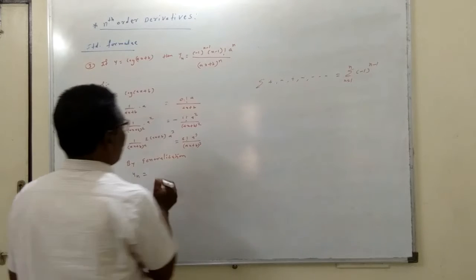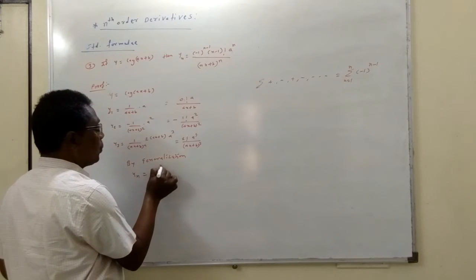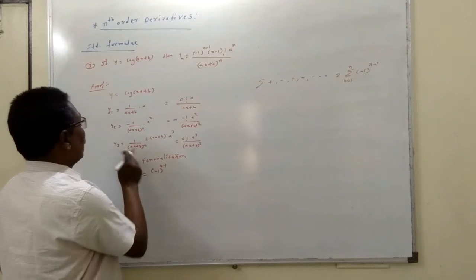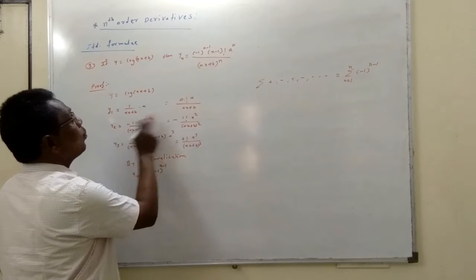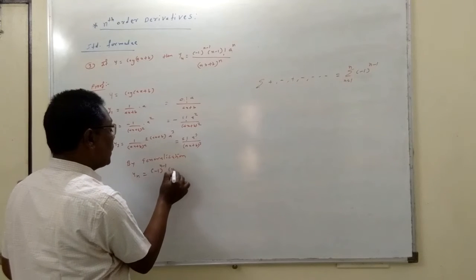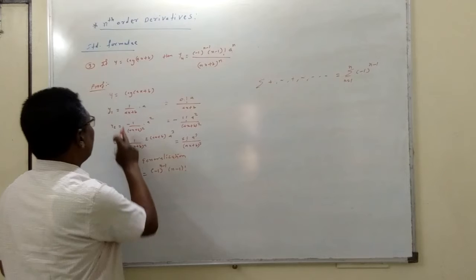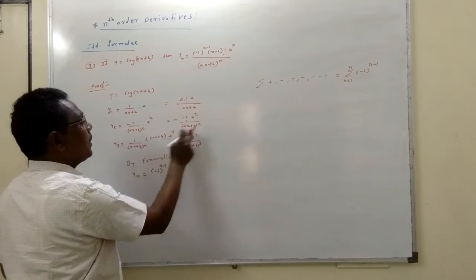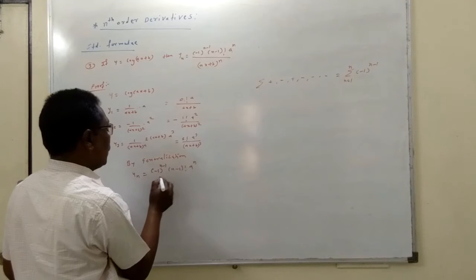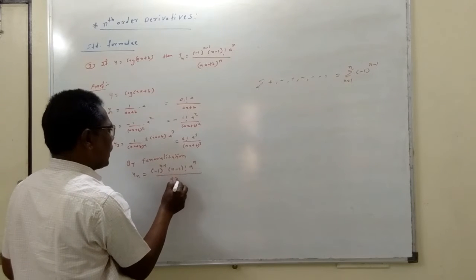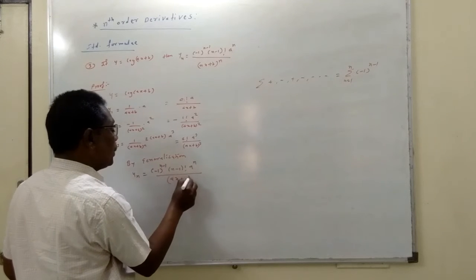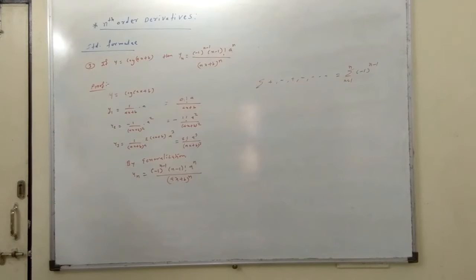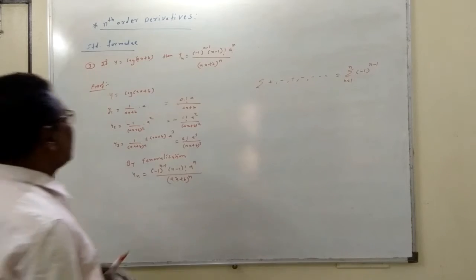For the sign we write minus 1 raised to n minus 1. Then 2 factorial, 1 factorial, so we write (n minus 1) factorial. Then a raised to 1, a square, a cube, so we can write a raised to n, divided by (ax + b) raised to n. So like this we get the formula for the logarithmic function.